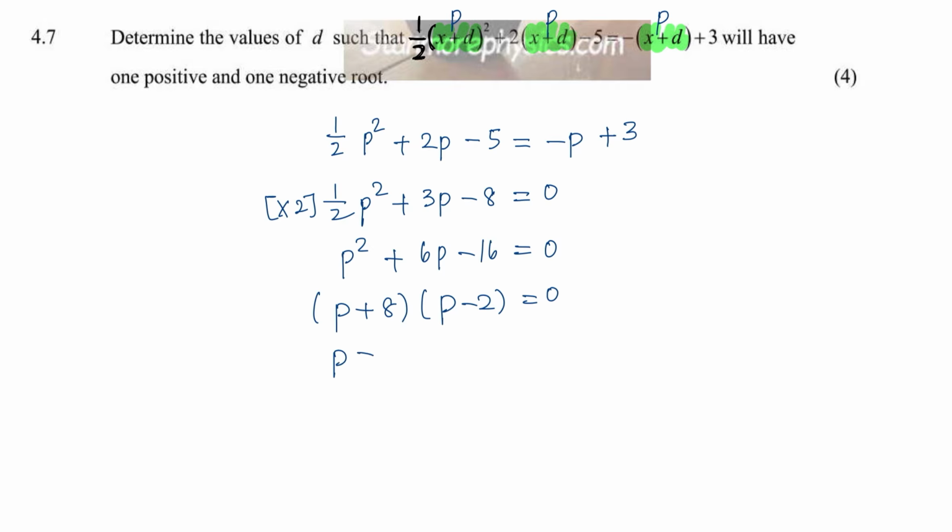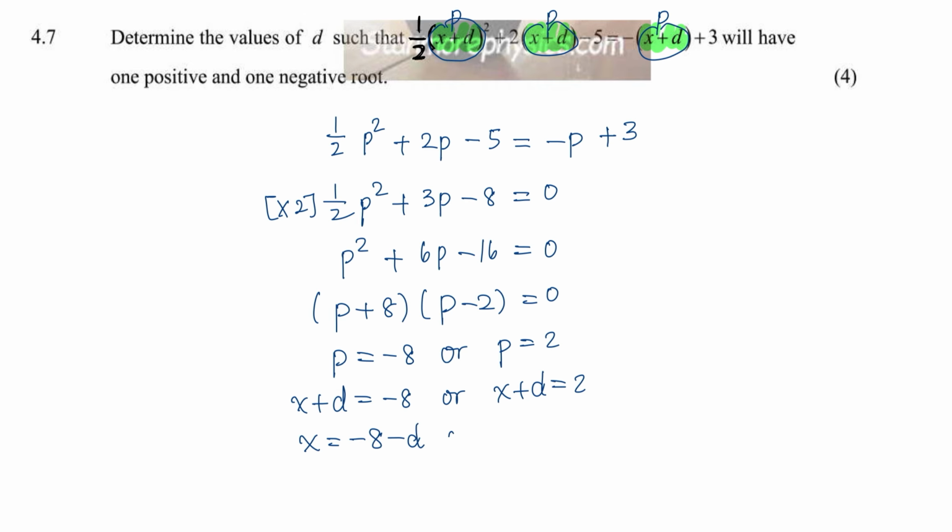That means p is equal to negative 8 or p is equal to 2. Now we can substitute back what we originally took away. So we can say that x plus d is equal to negative 8 or x plus d is equal to 2. Now we want to write it in terms of x. So we'll simply have x is equal to negative 8 minus d, or x is equal to 2 minus d.